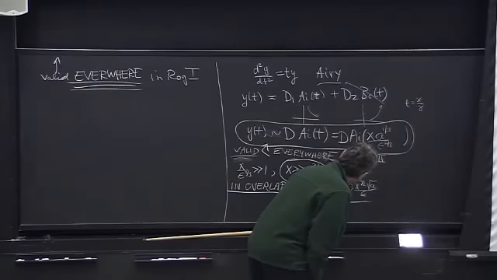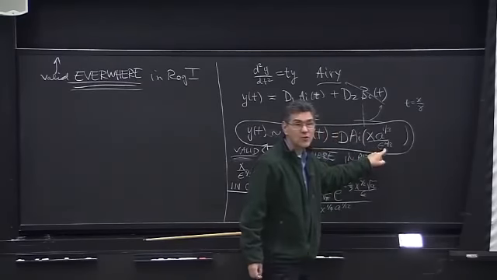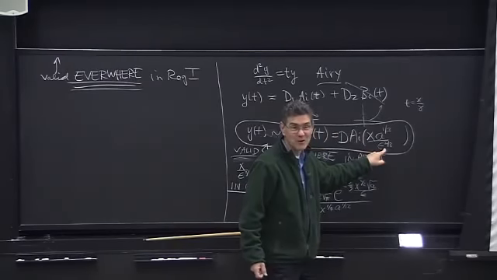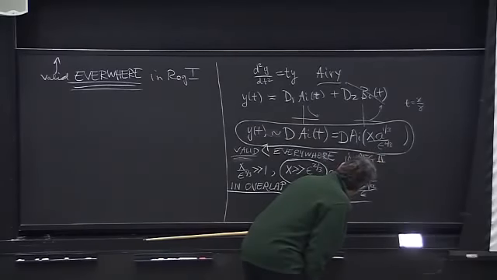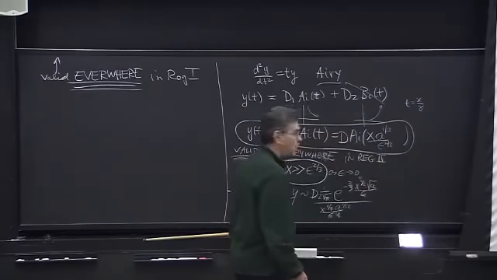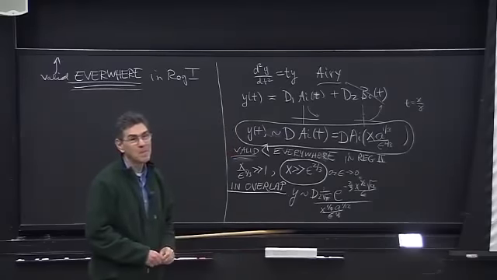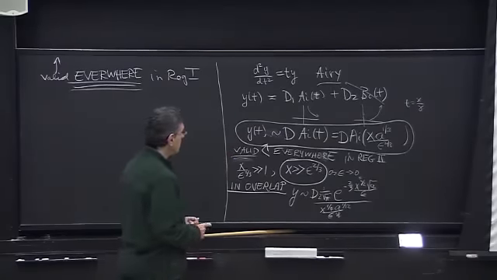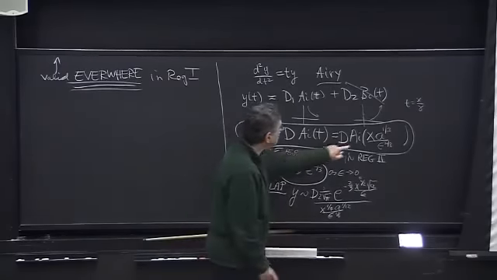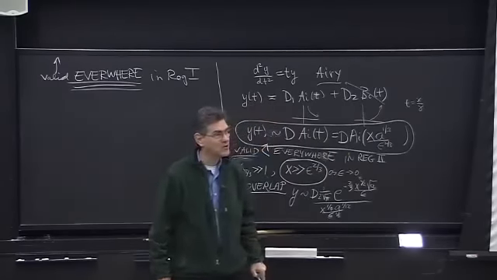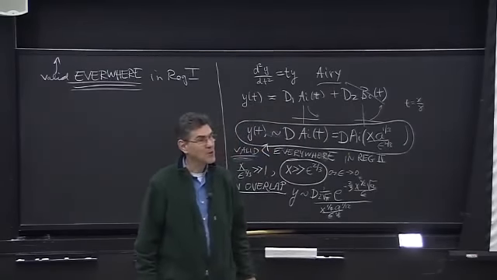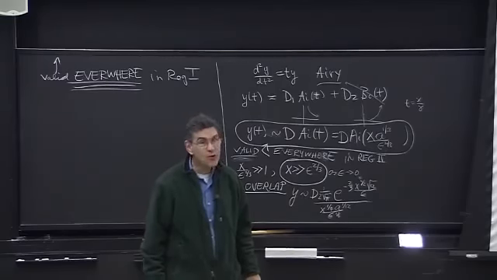A to the 1/12. What's epsilon to the 2/3 to the 1/4? 1/6. Epsilon to the 1/6. So in the overlap region, we approximate this asymptotic approximation by this asymptotic approximation. Okay. Are you with me?